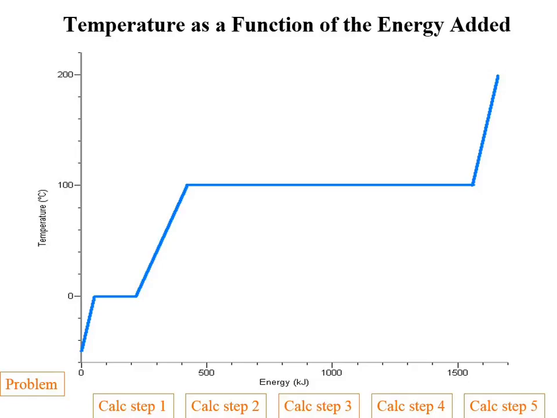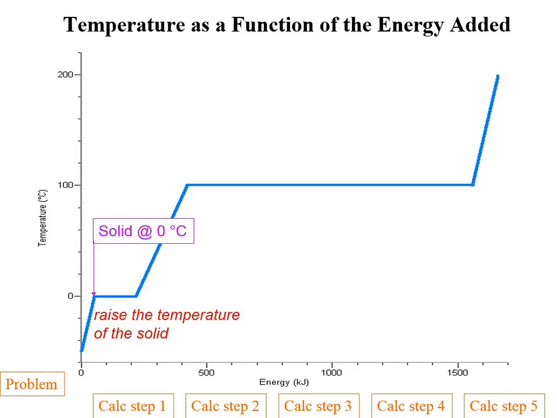You can think of the x-axis as time, or probably more appropriately, think of it as pumping energy in, okay? And along the y-axis is temperature. So we have that first one there, where it's staying a solid, going from -50 to 0. And then we have a plateau there. Does that make sense? Because it's temperature staying constant, but we're pumping energy into it.